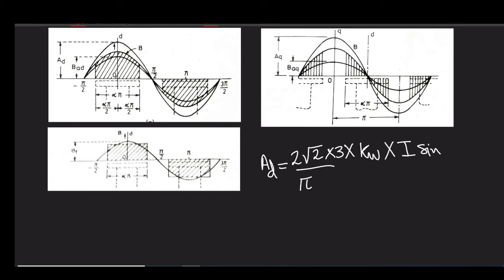So what I would like to first write are a few equations. If you are well acquainted with the previous derivation of the fundamental of rotating machine, you should surely be able to recall that AD is 2 root 2 pi into, for 3-phase it would be like so.